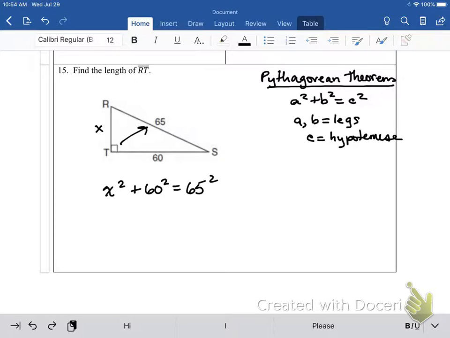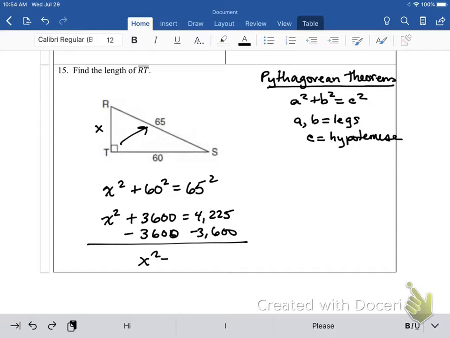Okay, so now I'm going to just do some calculations and figure out what that is. So x squared, 60 times 60 is 3,600. 65 times 65 is 4,225. Now I'm going to subtract 3,600 from both sides.